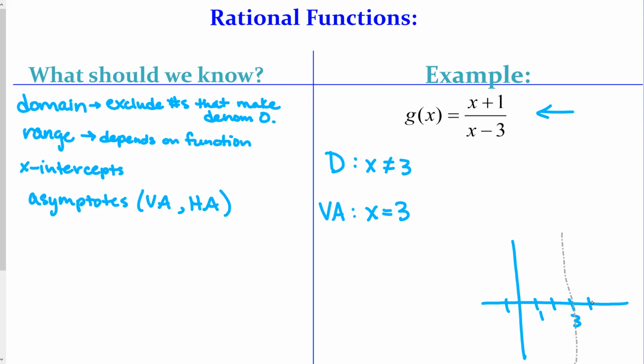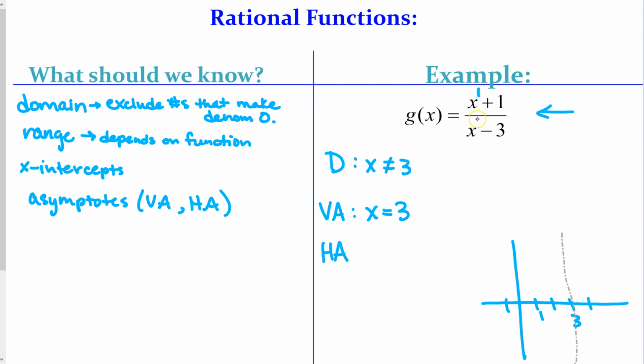Now I'm going to just quickly go over some of the things you learned about these types of functions. To find the horizontal asymptote, we have a shortcut. Look at the degree of the numerator and the degree of the denominator. The numerator, x to the first, so the degree is 1.